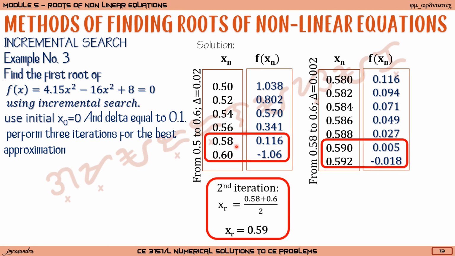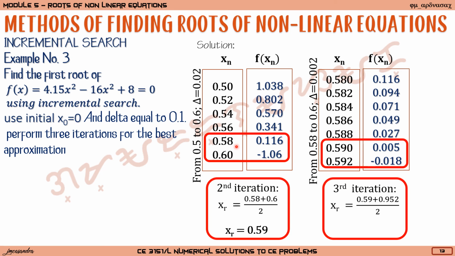And for the third iteration, we can now estimate our root at 0.59 plus 0.592 divided by 2, or we have now a value of 0.591. So this is our root, or the first root of the equation 4.15x squared minus 16x plus 8 equal to 0. So if you want a more accurate answer, you can continue to the fourth iteration or fifth iteration.